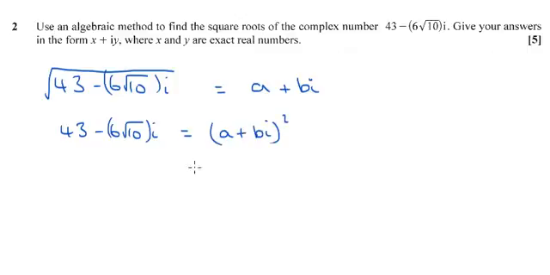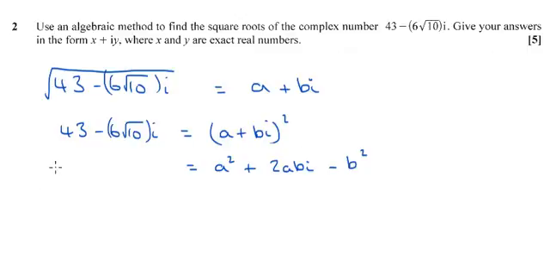And then if we expand these brackets, we'll get a squared, plus 2abi, and minus b squared, because we'll get b squared i squared, but i squared is -1, so we're going to get minus b squared.